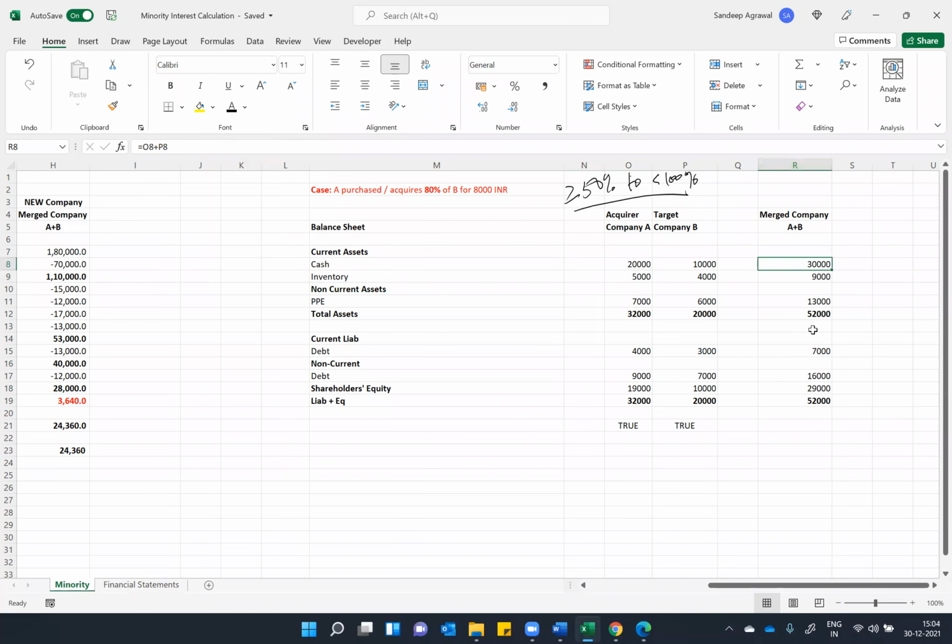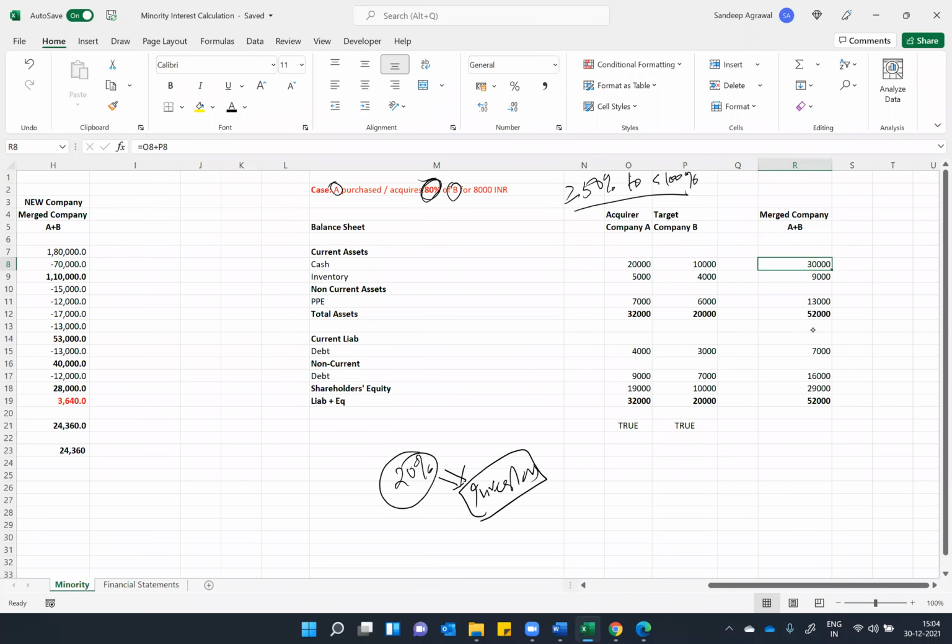But what is the next thing that we have to do to create minority shareholders in this case? Since A has acquired only 80% of B, it means 20% must be with some person or group of people or group of investors, right? Because you haven't acquired them, someone else must hold those 20% shares.